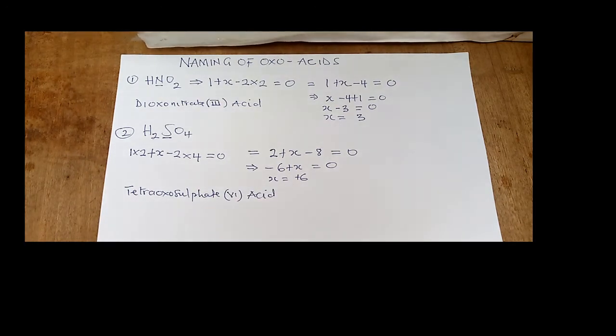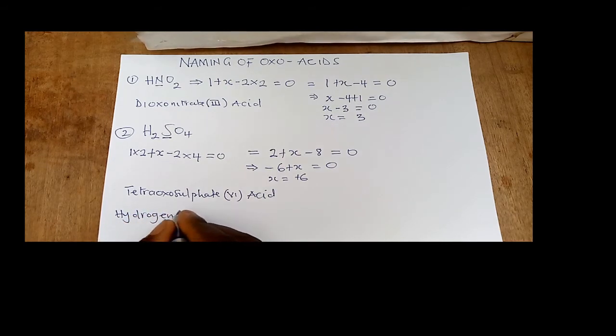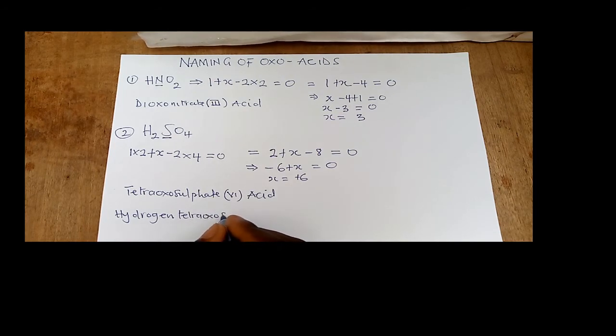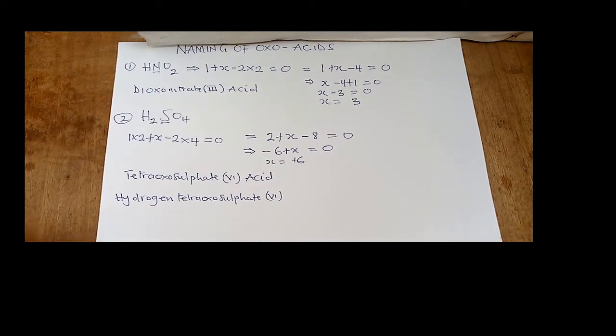And you can also say hydrogen tetraoxosulfate 6, and to this one you do not add acid, because you've brought in the hydrogen, and the hydrogen makes this compound an acid. Okay, so this is how we name the oxo-acid.